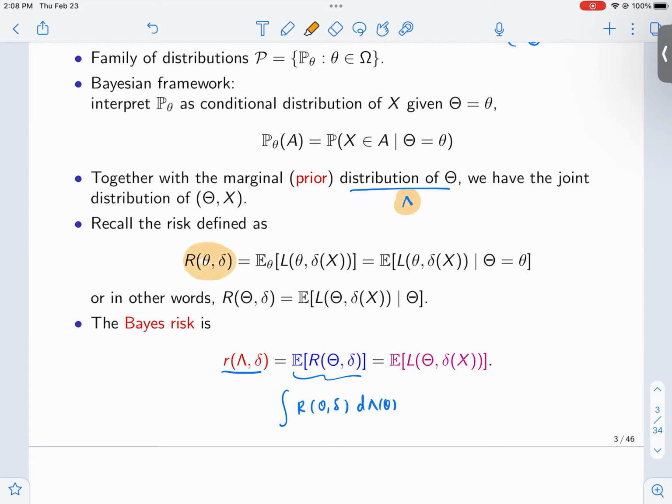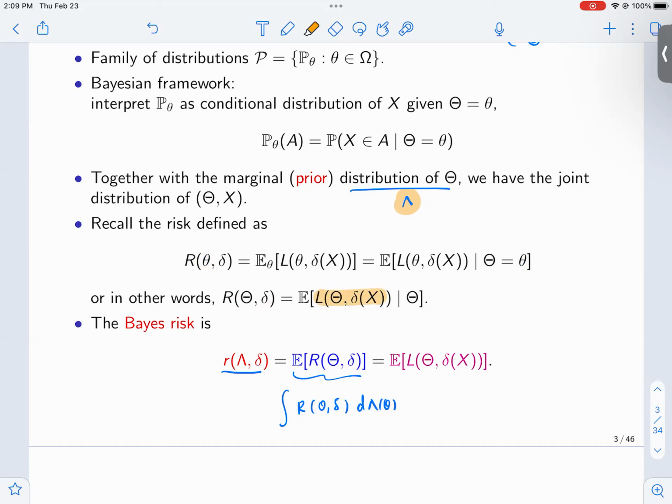So the frequentist risk was the expectation of this loss under P theta, and now we're interpreting this as the expectation of this quantity conditional on theta being equal to theta. If you plug in the random theta here, replacing this theta with a random theta, the risk evaluated at theta is just a conditional expectation of the loss conditional on theta.